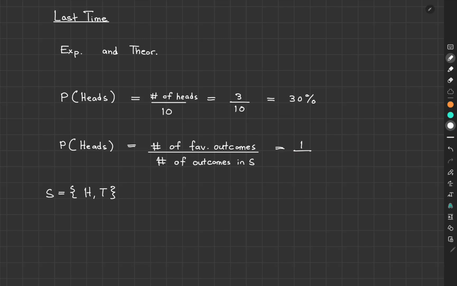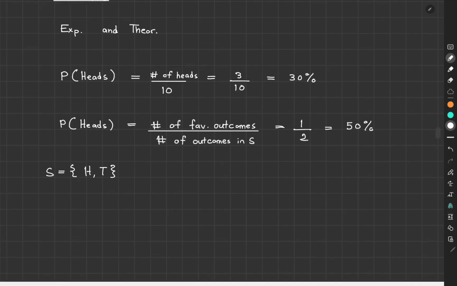Heads is 1 out of 2 outcomes. So in this case, our theoretical probability would be 50%. Okay, so this is where we ended last time. So today we're going to dive into more ways of calculating theoretical probabilities in more complicated scenarios.